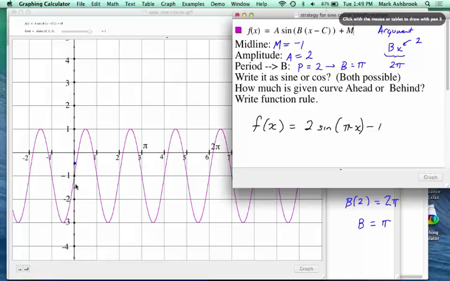At 0, where does cosine without any shift start? The min, the midline, or the max? Max, and in 1 quarter cycle, it goes to the midline. Next quarter cycle, min. Next quarter cycle, midline. And we know the period is 2, so 1 full cycle, back to the max.